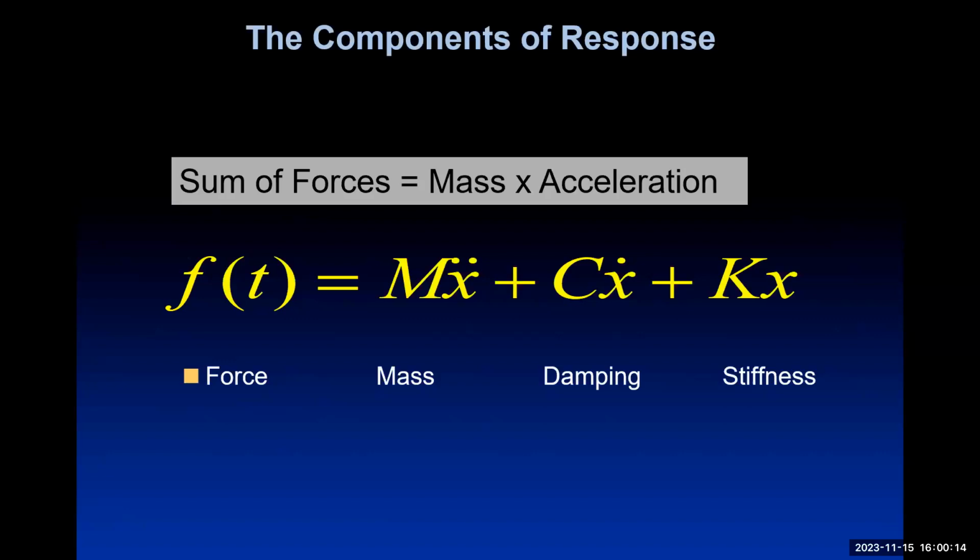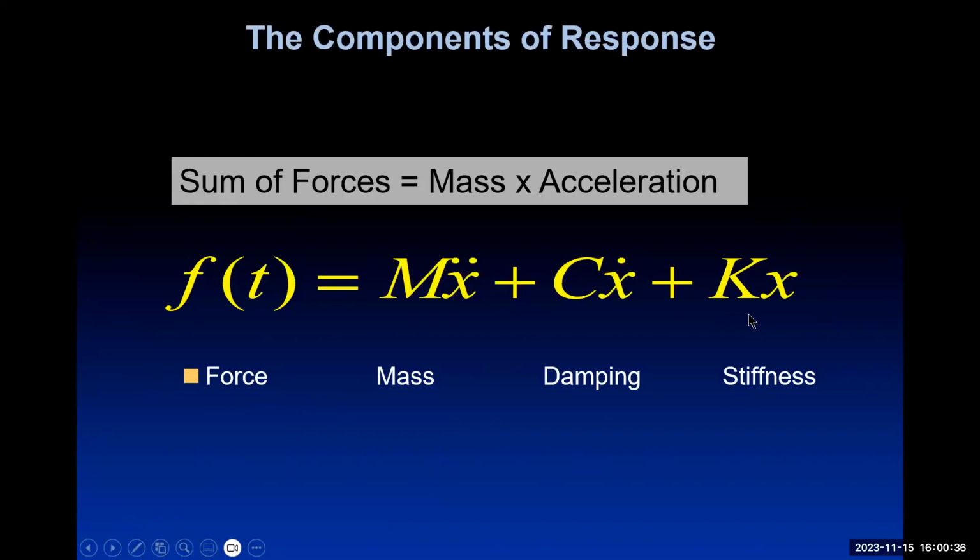interaction behaves. If we take Newton's second law of motion, we have force equals mass times acceleration. And if we look at this in more detail, we find that we've also got other forces: damping, energy loss, and stiffness.